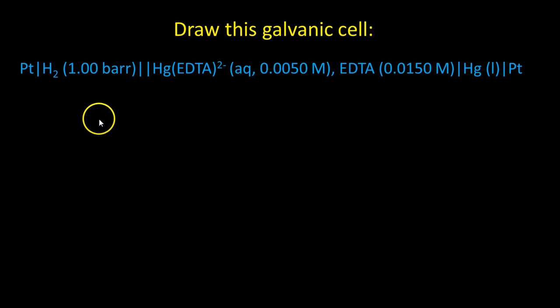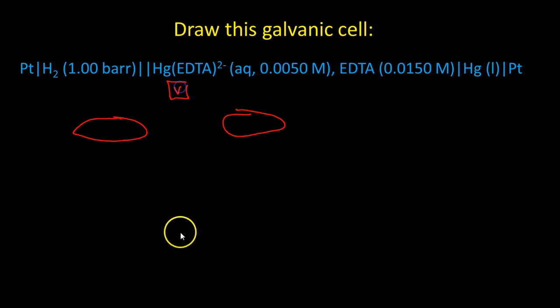Generally we're always going to have a couple of beakers, okay? It's one beaker. And then we're going to have another beaker, okay? I'm going to draw that over here. And we're going to have these two things connected by, in this case, a voltmeter. Right, so let's put a V here. All right, now I'm going to try and draw out the rest of these beakers without being too messy.